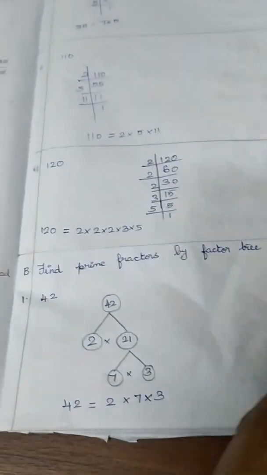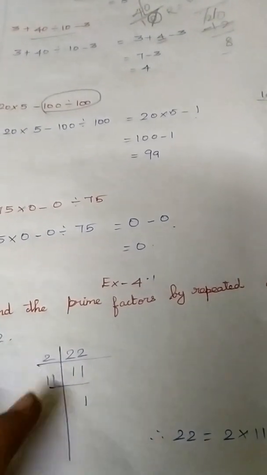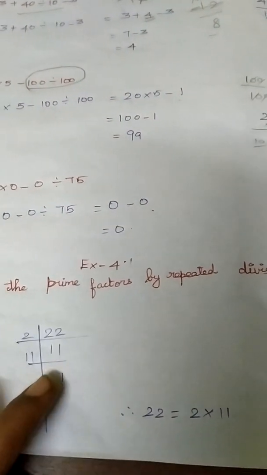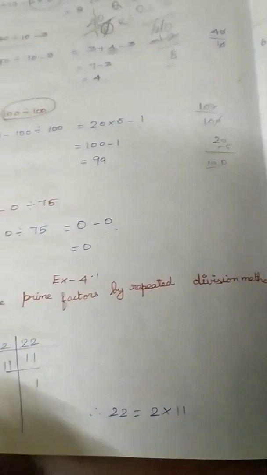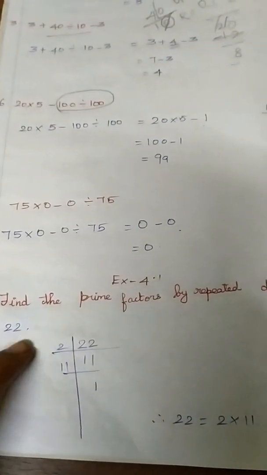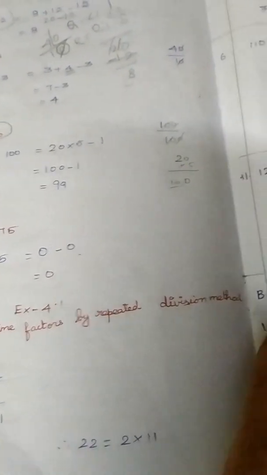Again, 11 is a prime number. It will come in only one table, the 11 table. So 11 table 1 time. You received 1, so you are going to write 22 as 2 into 11. So for 22, you will be writing it as a factor of 2 into 11.